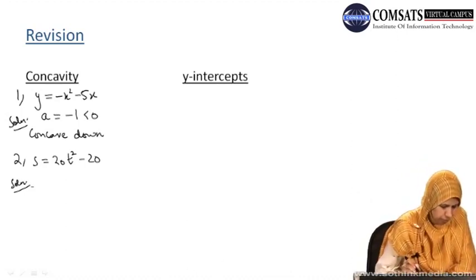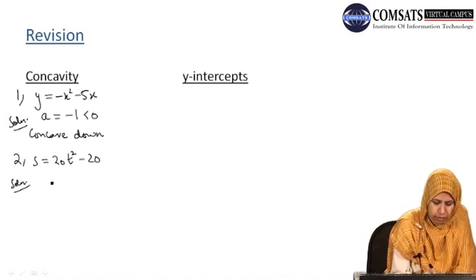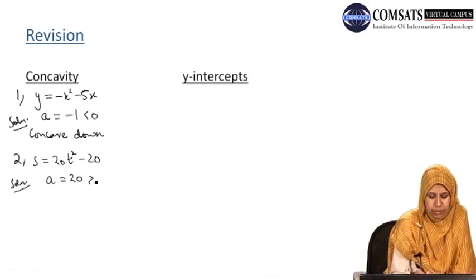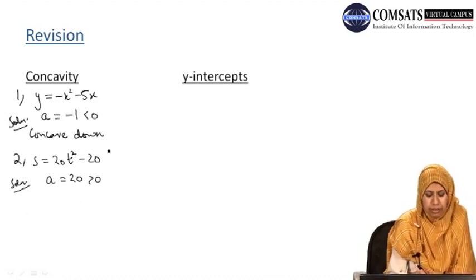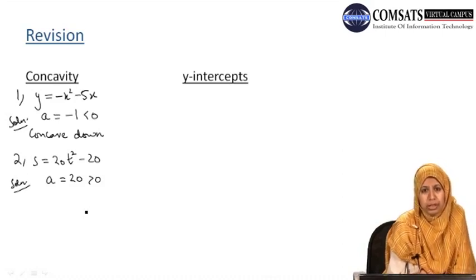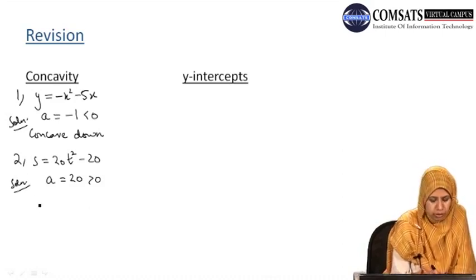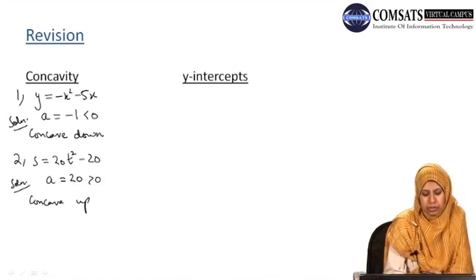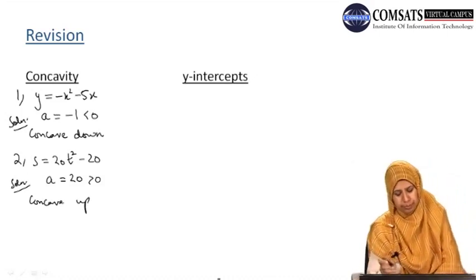Now in this case, what is the coefficient of t square? The coefficient of t square is 20, which is positive. So the graph of the parabola will be concave up because the coefficient is positive.